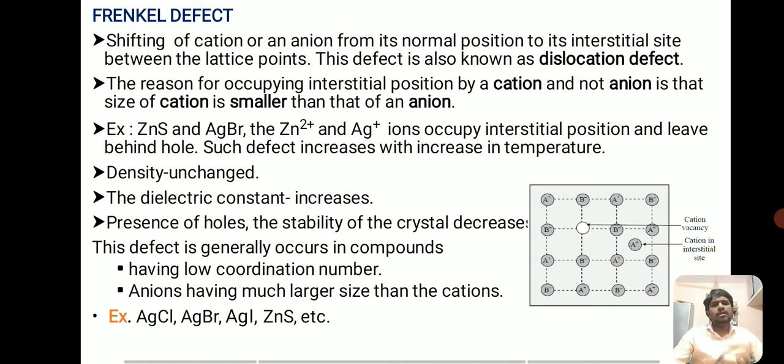This defect is generally observed in compounds having low coordination number and anions having much larger size than the cations. For example, silver chloride, that is AgCl, AgBr, AgI, ZnS, etc.